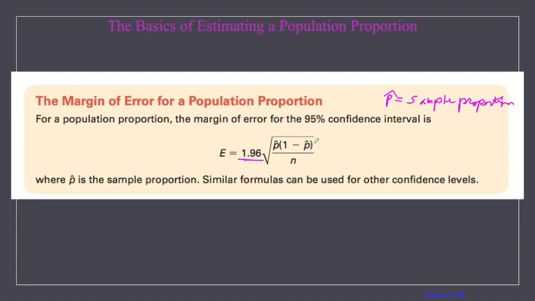It's important to remember that p hat and 1 minus p hat should add up to 1, right? So this is the probability of an event occurring. This is the probability of an event not occurring. Divided by the square root of n, where n is our sample size.